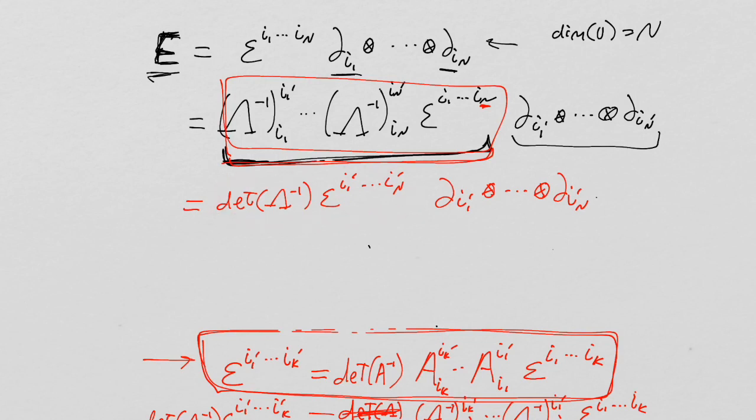to write down this. And the point is that clearly in the prime system, the components of this tensor E are not just the Levi-Civita symbols. They're the Levi-Civita symbols multiplied by the determinant of the inverse of the transformation, the contravariant transformation.